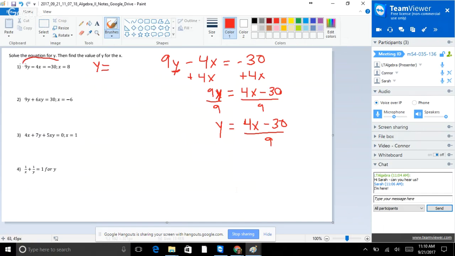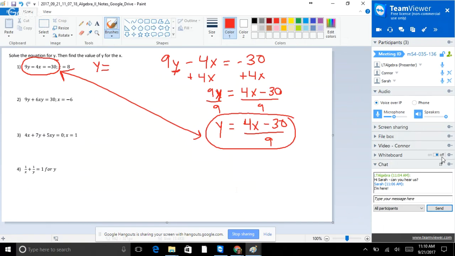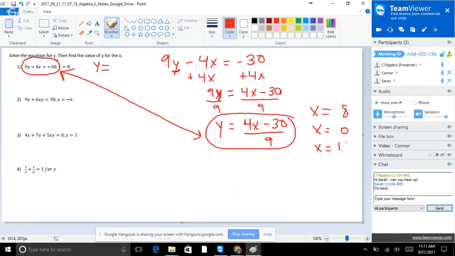So 9y minus 4x equals negative 30, and y equals 4x minus 30 divided by 9, are the same equation, just rewritten in different formats. It's important to be able to do this for a couple of things. Sometimes we need to know what happens when x is 8, or when x is 0, or when x is 100.